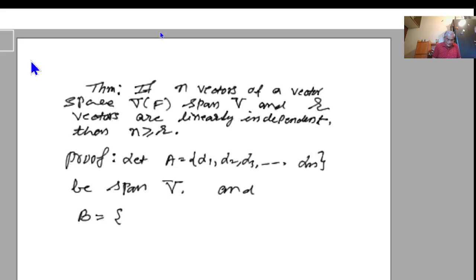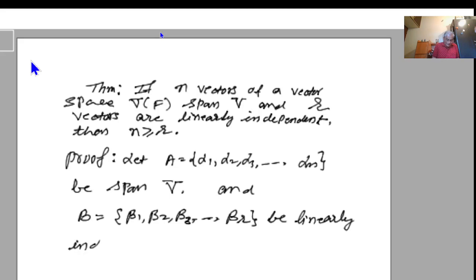B is equal to say beta 1, beta 2, beta 3, up to beta R. Okay. B is a linearly independent set.